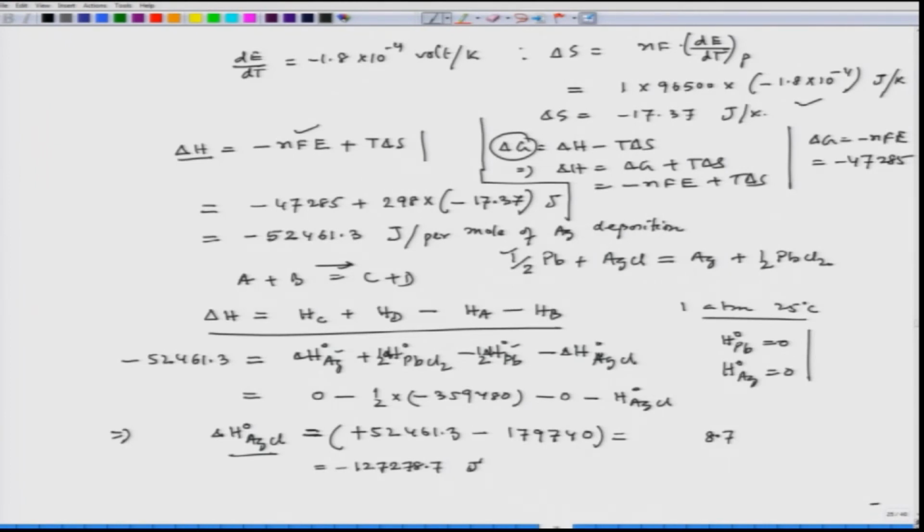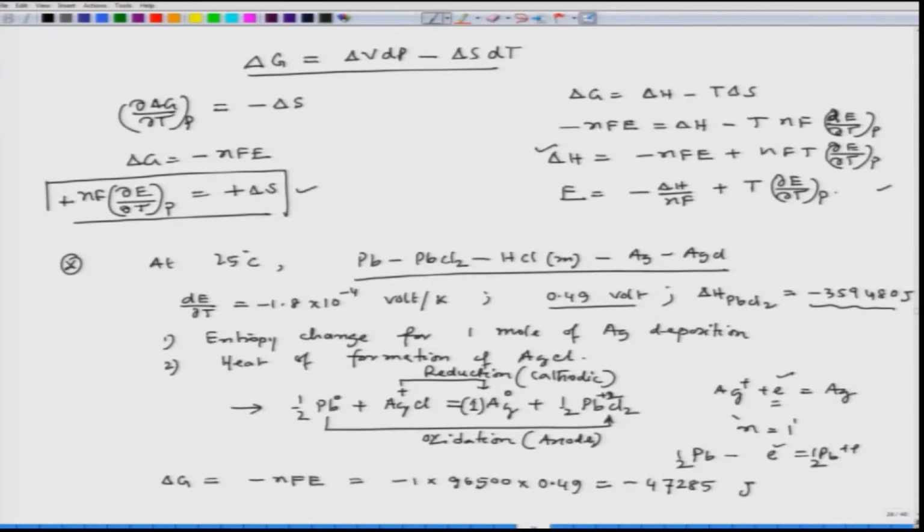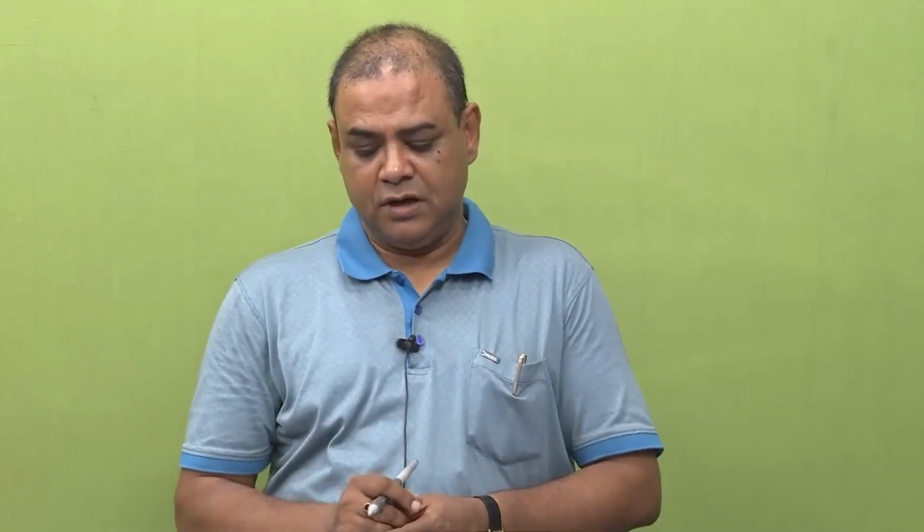So, we could see that from these relations we can get a lot of information on the formation enthalpy of a species, the entropy change for a particular reaction, as well as the enthalpy change for a particular reaction.